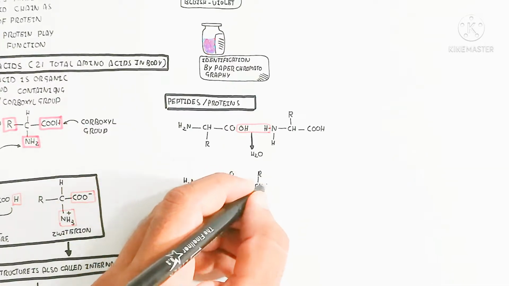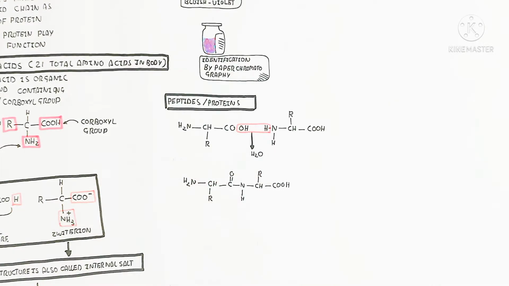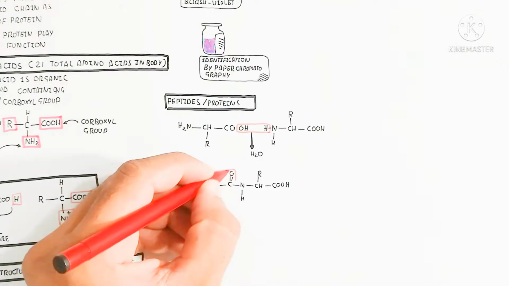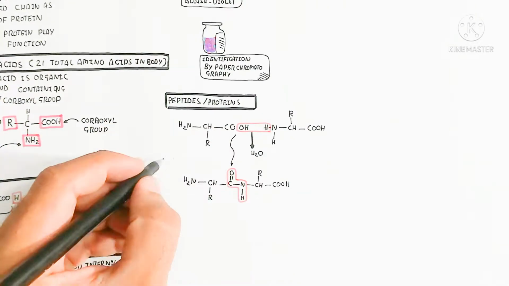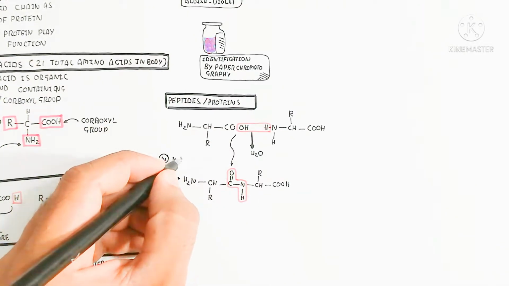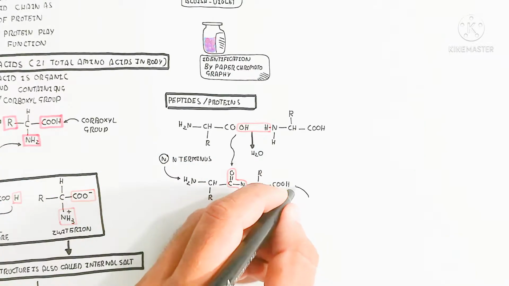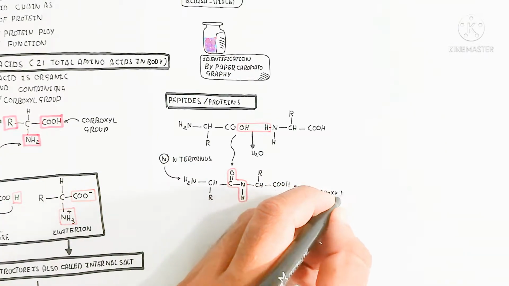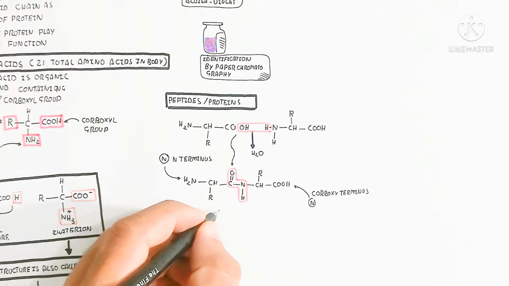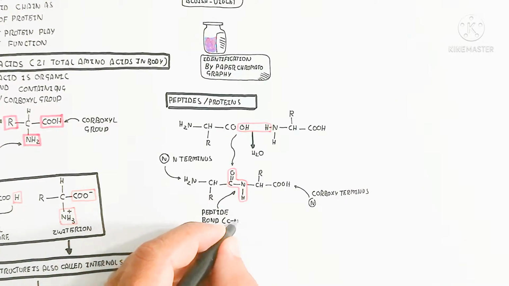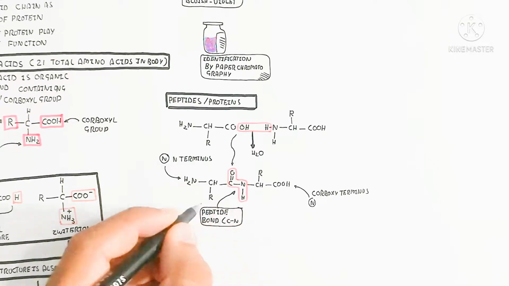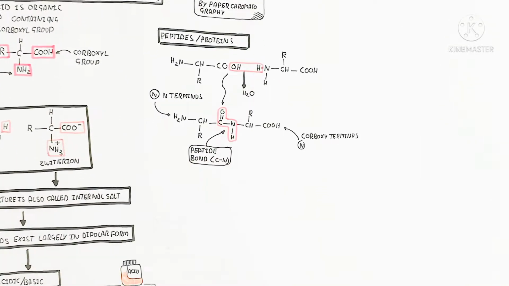The N terminus and carboxy terminus can join another amino acid, and this bond is known as the CN bond, also known as the peptide bond. A long polypeptide chain forms during the translation of protein in our body. We will also understand the translation of protein in our body with a small overview.